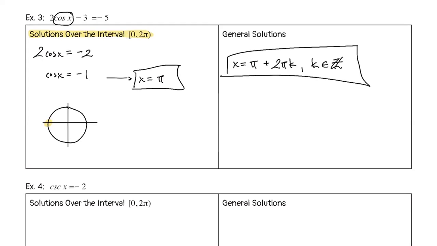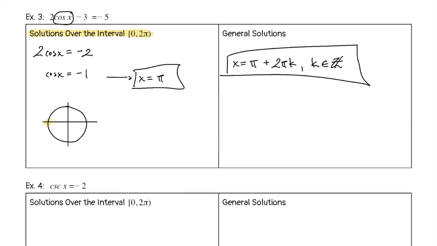Okay. So not so bad, right? We're sort of dressing up the stuff that we've seen before, combining a lot of things that we've learned in the past, like how do you solve a linear equation and how do we combine that with what we know about the unit circle?